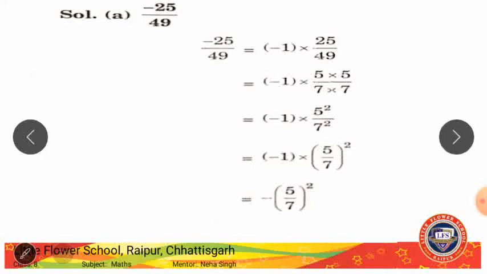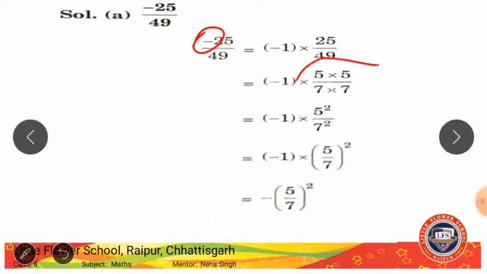So minus 25 upon 49. First of all, you will separate this minus sign. And now 25 upon 49. How can we split it? Either we can do prime factorization, since these are smaller numbers. We know 5 into 5 is 25 and 7 into 7 is 49.